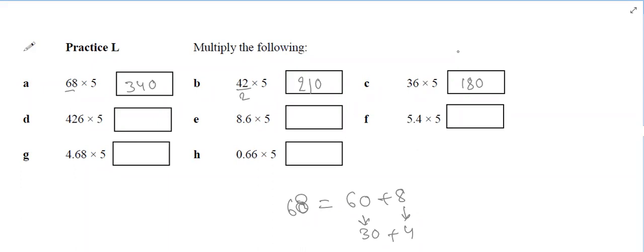Sir, fourth one, right? Your question is D. Yes, sir. 426 into 5. Yes, but you're saying a direct answer. Okay, tell me how it is. Explain to me.